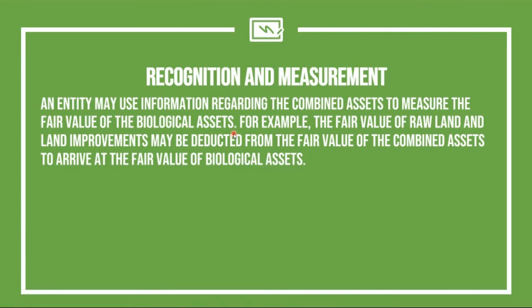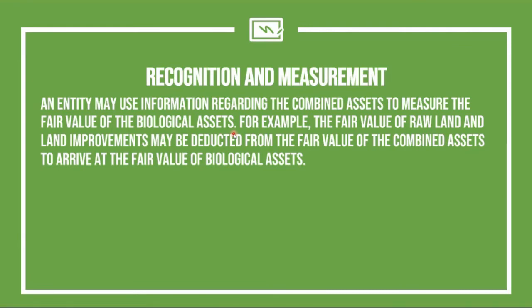So as an example, if you have a piece of farming lot that has a value of, let's say, 8 million, deduct the amount of the lot itself and any land improvement.